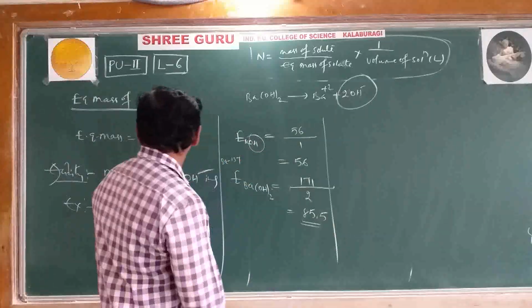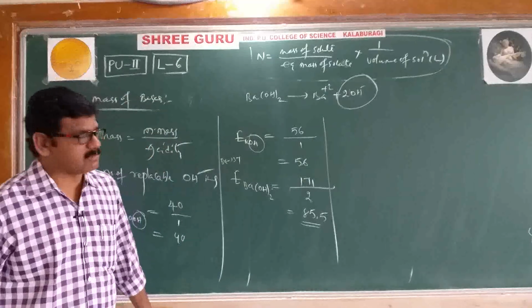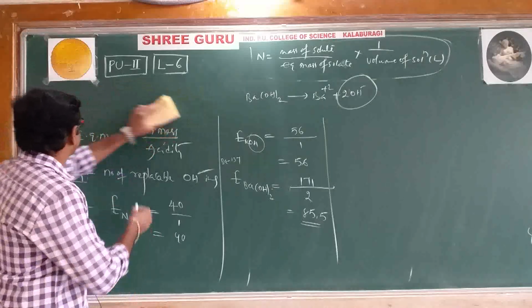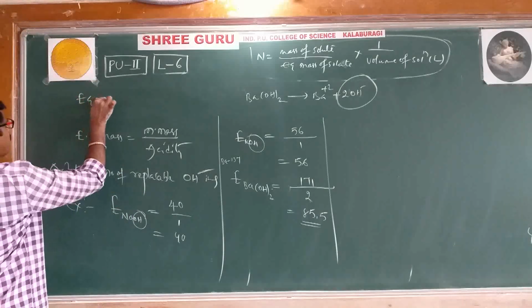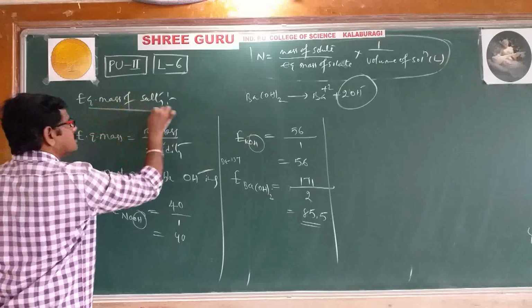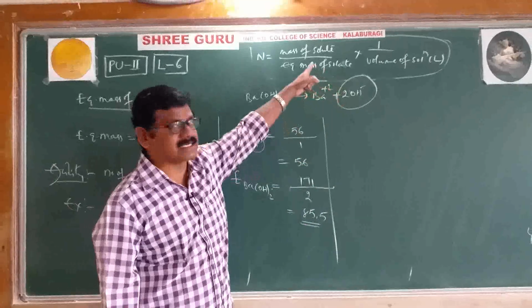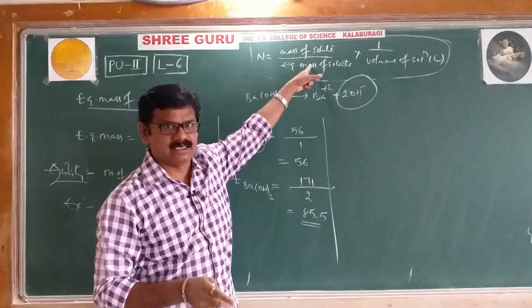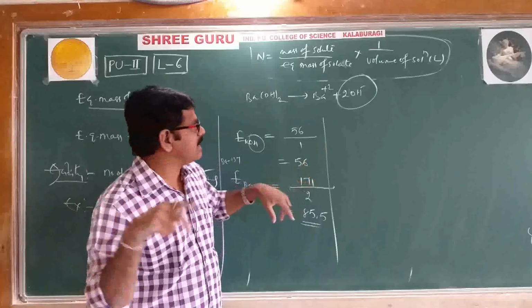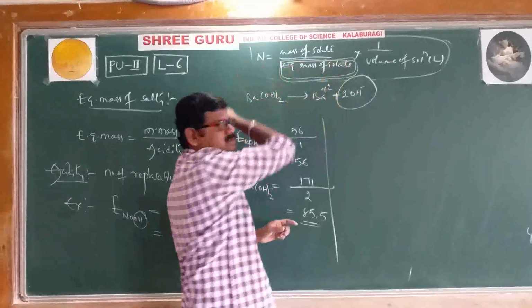Then we'll go to equivalent mass of salts. See here, we have still not started normality problems. That is very important. Not yet started, because we first need to know how to calculate the equivalent mass of the solute.